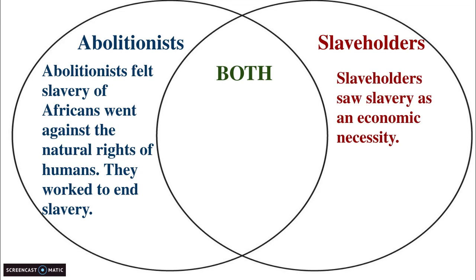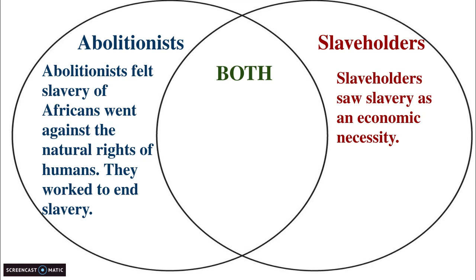In comparison, slaveholders saw slavery as an economic necessity. You read about the cotton gin and how cotton became a valuable crop. Well, these southern farmers wanted to make as much profit as possible.